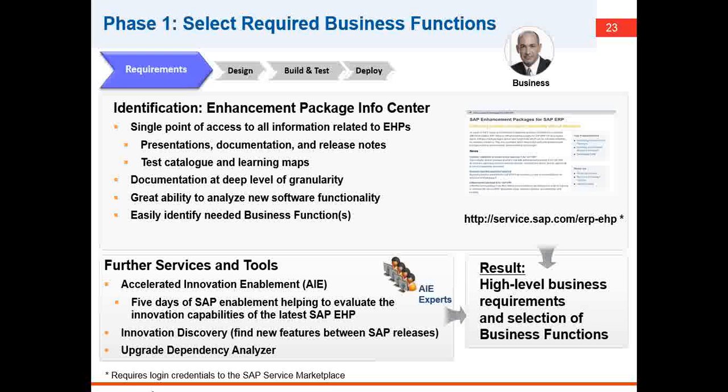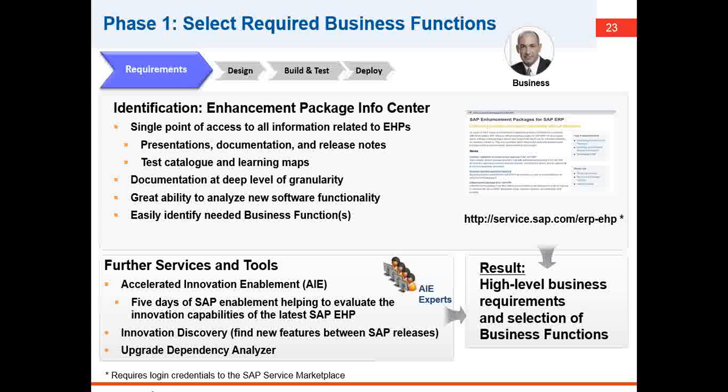If I upgrade ECC to 6.0, is my version of CRM going to continue to work seamlessly, or will I have issues? The upgrade dependency analyzer allows you to do that comparison, whether it's CRM, SCM, BW, portal. It will tell you whether you have issues and how to resolve those issues, or whether there's no issues as you move forward.